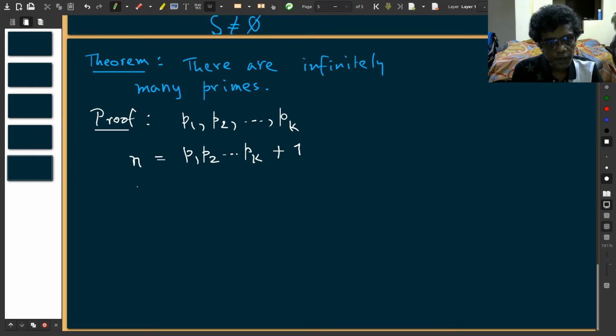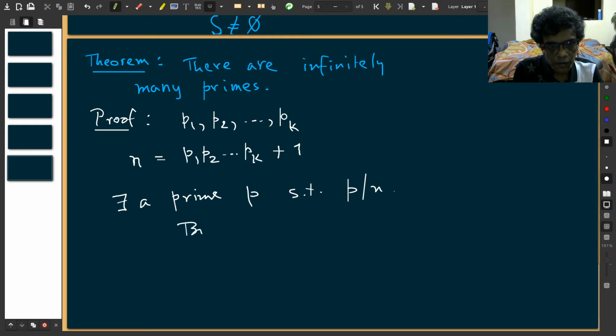But by the previous theorem, there is a prime P such that P divides n, but this P is not equal to P1 or P2 or P3, and so on up to Pk.